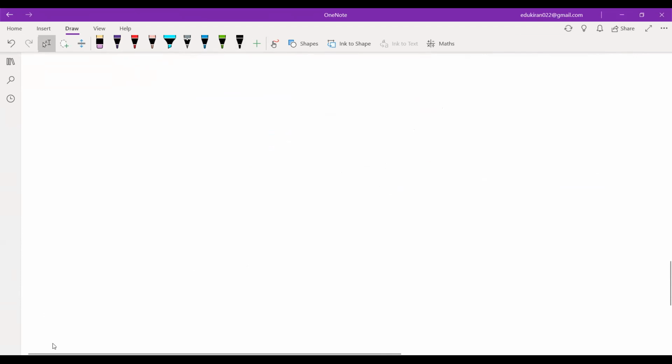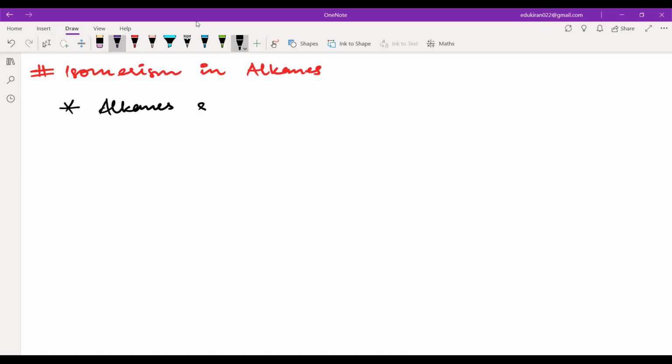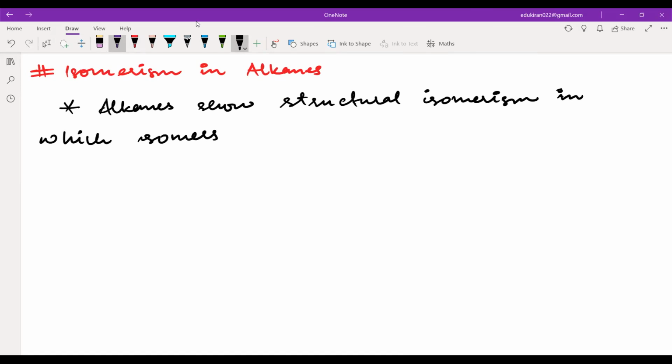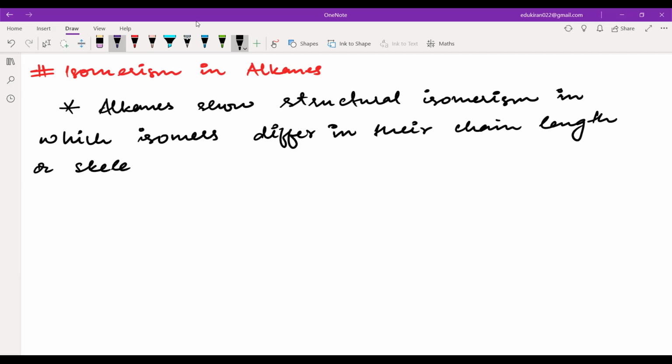Right, next, isomerism in alkanes. Alkanes show structural isomerism, in which the isomers differ in their chain length or skeletal arrangement.